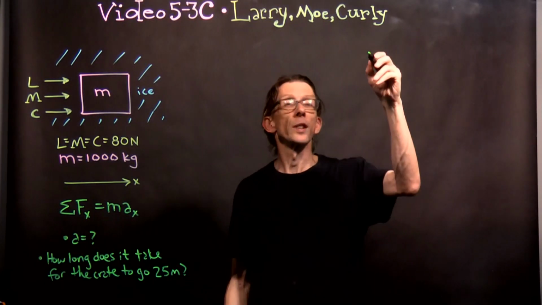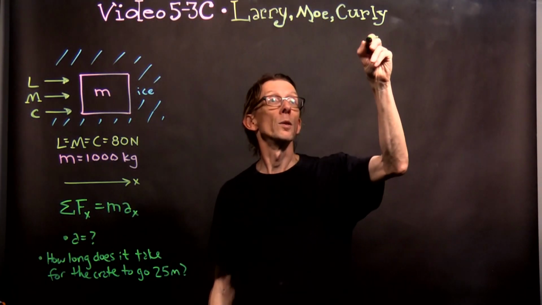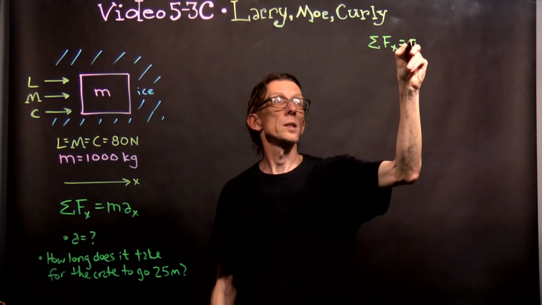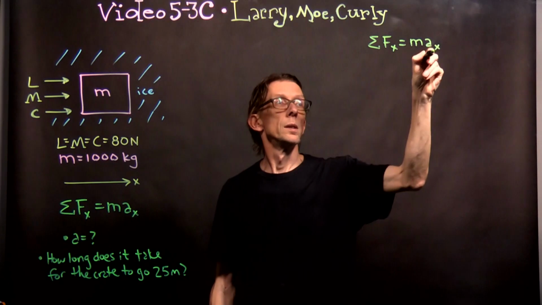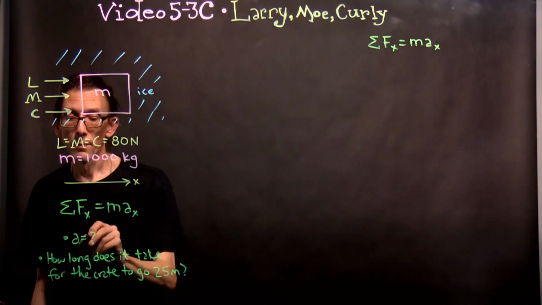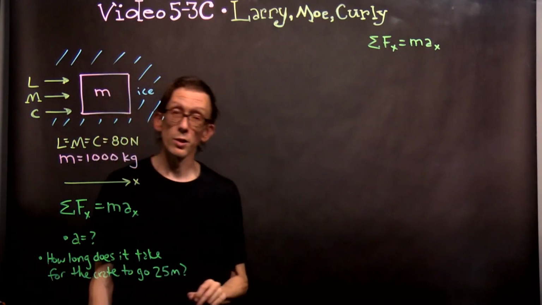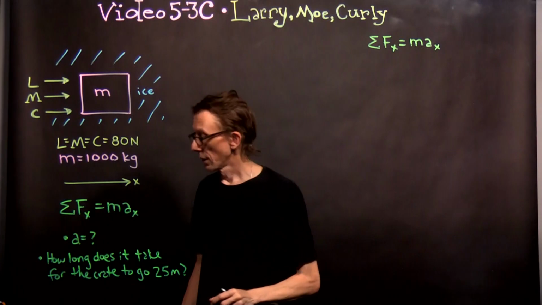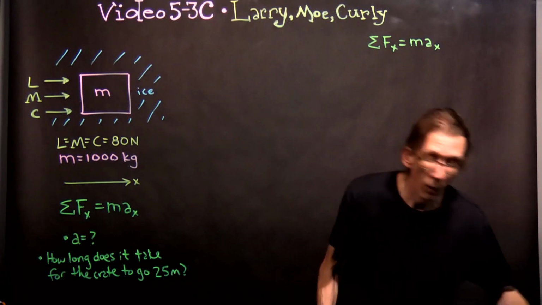Okay. So once again, let's bring our Newton's second law up here. Sum of the forces, X direction is M times A sub X. And of course, when I ask for the acceleration, because all the forces are in the X direction, the acceleration is going to be in the X direction also. Okay. So maybe I can write this here.